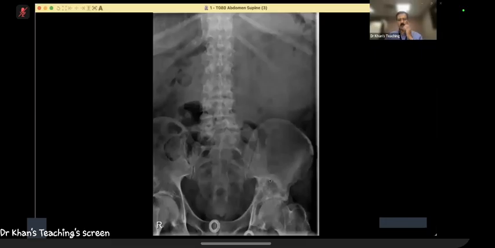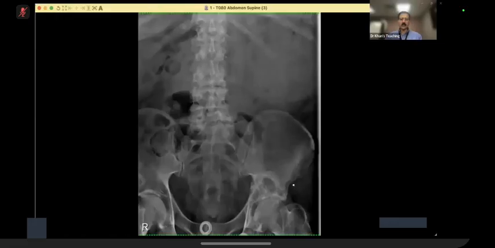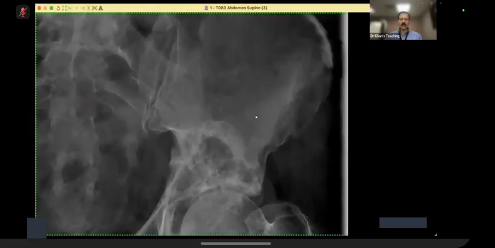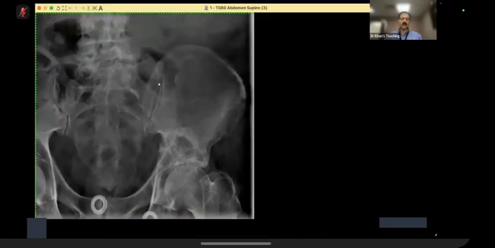Once you pick it up, initially the mind goes to, is it a geode? Because there are OA changes here. But you look carefully and you can see there is expansion, a bit of lucency, a bit of bubbly appearance. This is not at all a geode, it's more than that. This is a classical appearance of a bubbly metastasis.